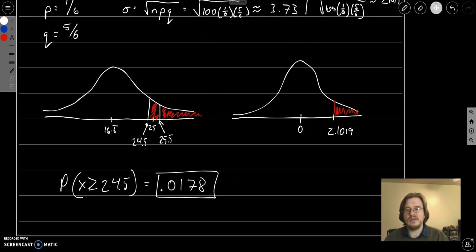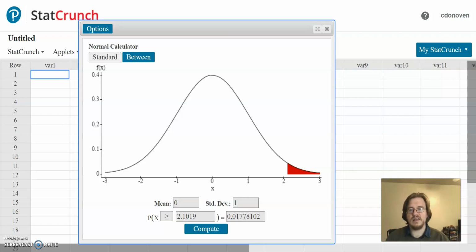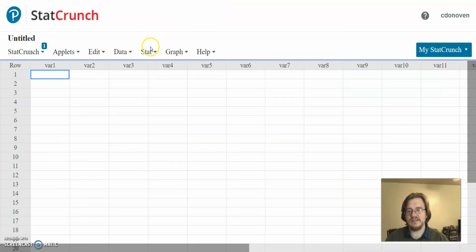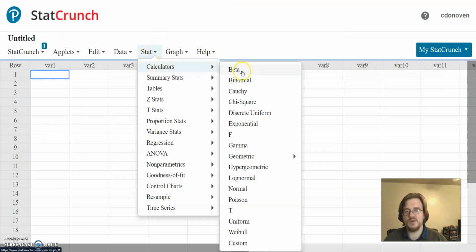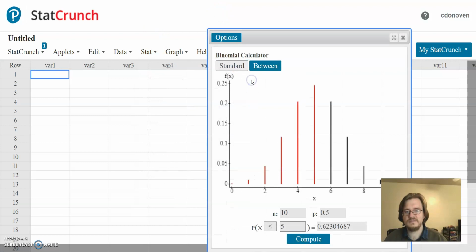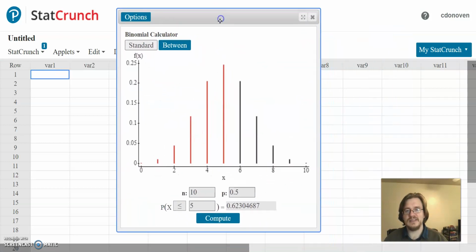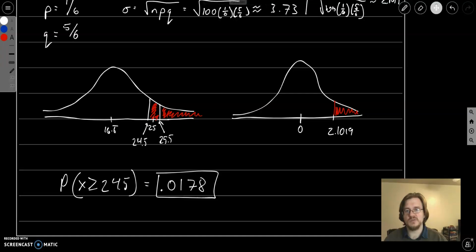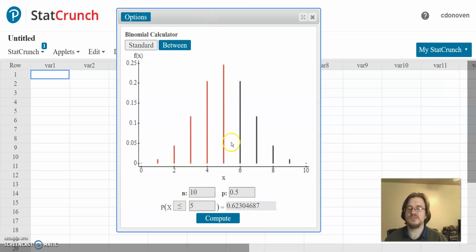One thing that we can do is, if you come back to StatCrunch, there is actually a calculator for binomial distributions. So let's look at the actual value, because remember, this number is only an approximation. We're assuming that the binomial distribution is like a normal distribution, when in fact, it's not exactly a normal distribution, but it should be quite similar.